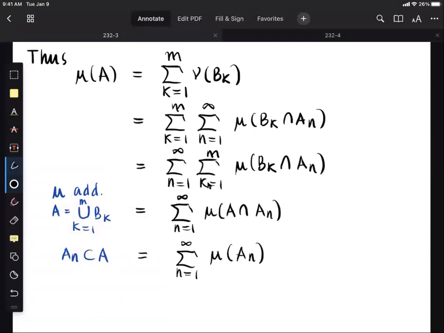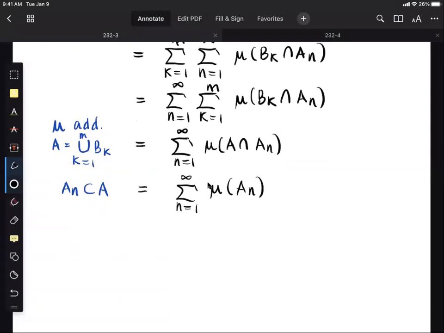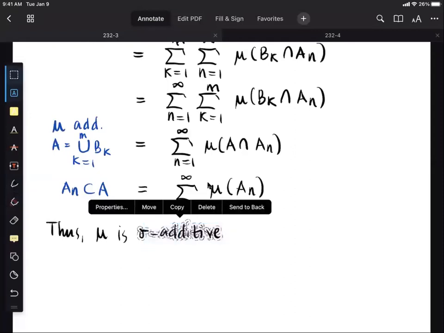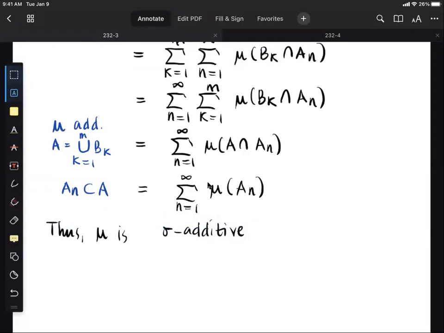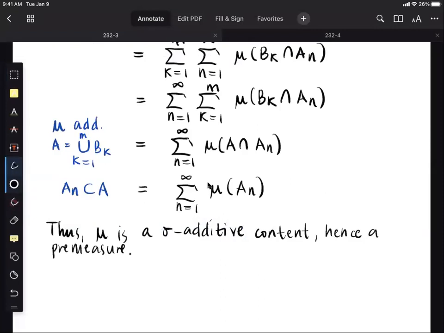And that is sigma additivity of mu. So it is a sigma additive content, hence a pre-measure. So again, mu is a sigma additive content, hence a pre-measure. And that ends the construction.